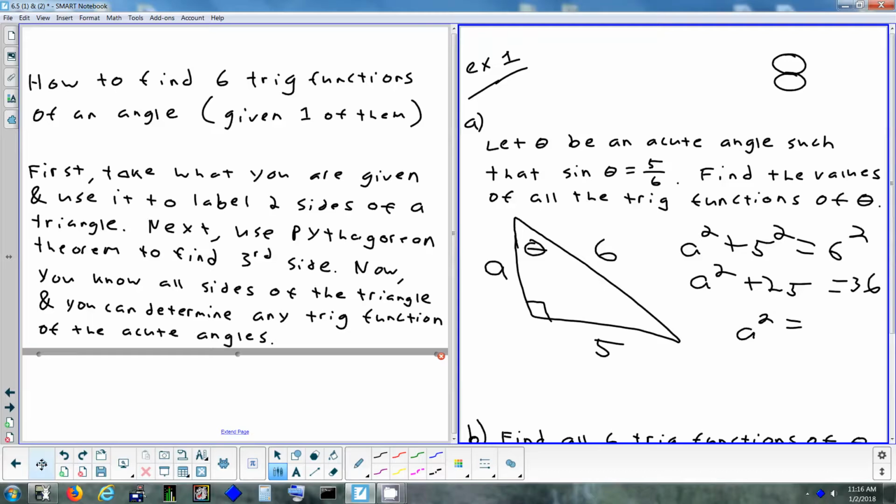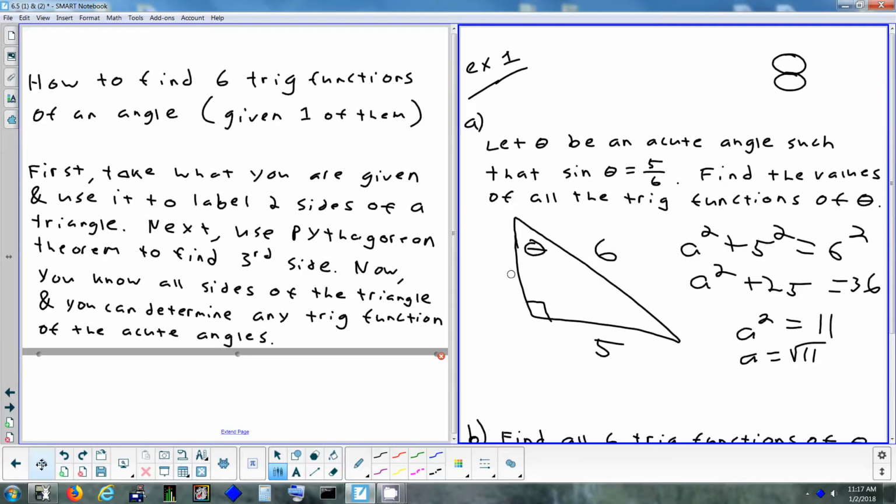Well, 36 minus 25 could be... Oh, 11. So a squared is 11, but that doesn't mean this side is 11 units long. What do we do to get rid of squaring? Square root it. Just leave it like that, square root of 11.